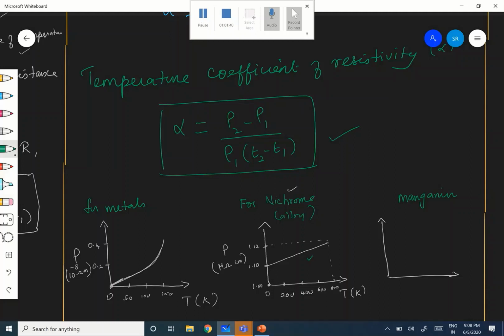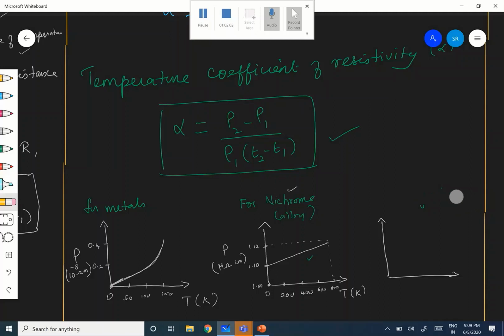It is as if thinking whether to increase or not. But in the case of manganese or constantan, that is the reason why we make resistance coils with manganese and constantan. Hope you are following this. My handwriting here is very small now. It is manganese or constantan.